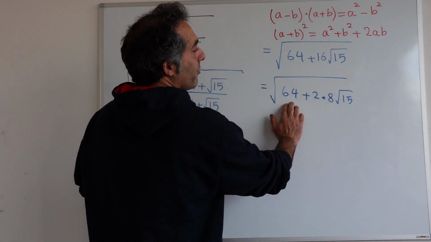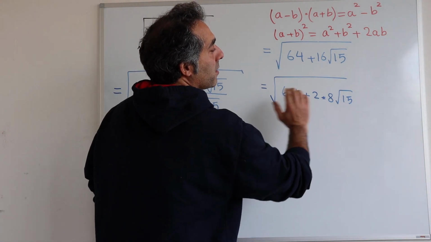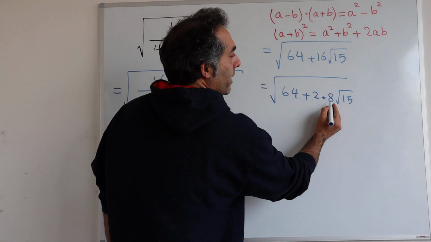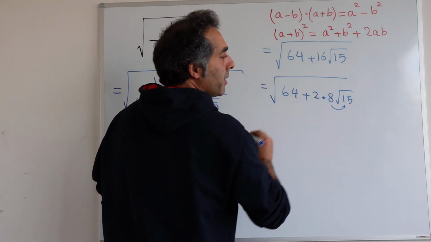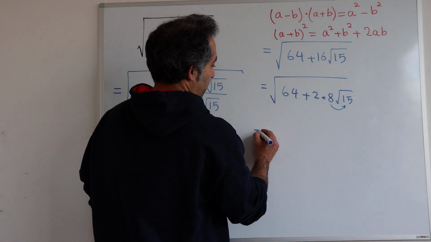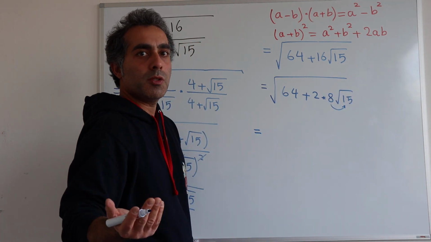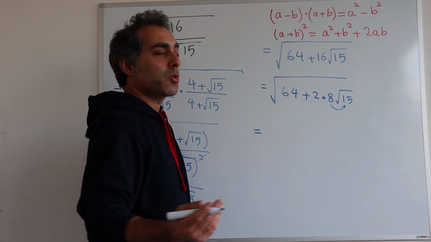Again, we have 64 plus 2 times 8 times square root of 15. Maybe I can take this 8 under this radical expression. And you know, when it goes under that, 8 will be 8 squared.